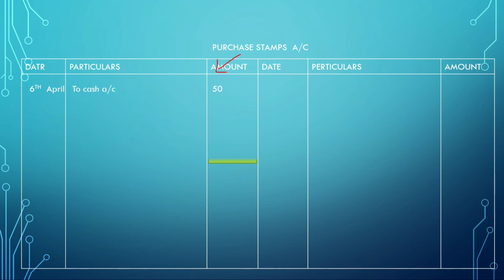Now we'll go with the balances. There is only one stamp item. If we observe the journal entry, another stamp purchase could also be posted, but now we have only one stamp purchase. So the bigger amount will balance on both sides. Debit balance equals credit side. The deficit amount will be carried down from the debit side to the credit side.